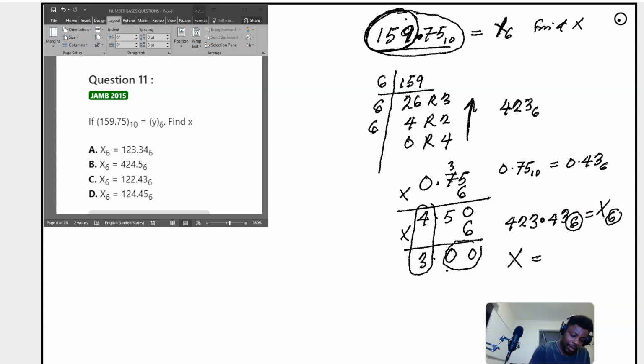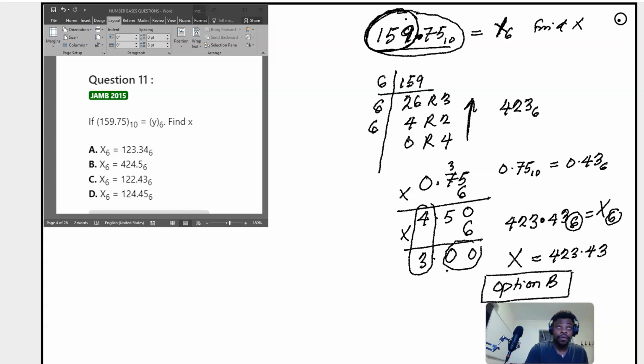That means x is equal to 423.43. Now, if I look at the options, I see that they didn't put the exact solution there. So definitely something is wrong with that question. If I have this in an examination, the nearest value close to what we have gotten is option B. But if they had kept none of the above in the options, I would have chosen none of the above because our exact answer is 423.43.